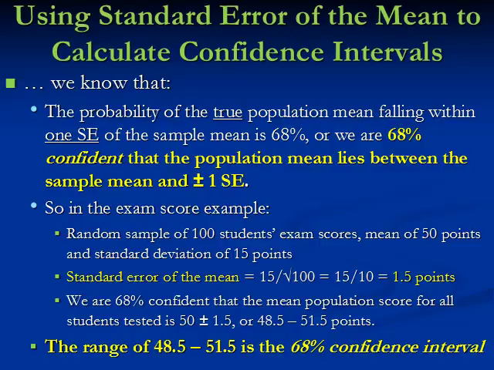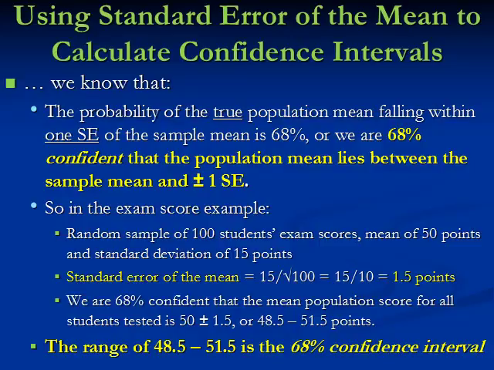We can make predictions about the true population mean of all of those 50,000 students that took the test. We can say the probability of the true population mean falling within one standard error of the mean of the sample mean is 68%.